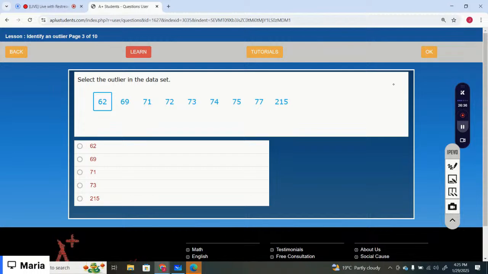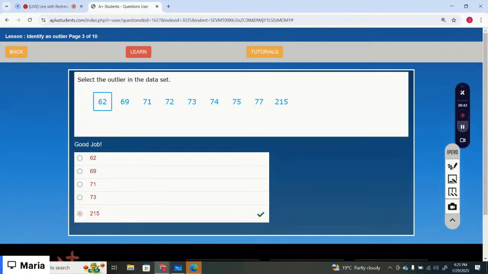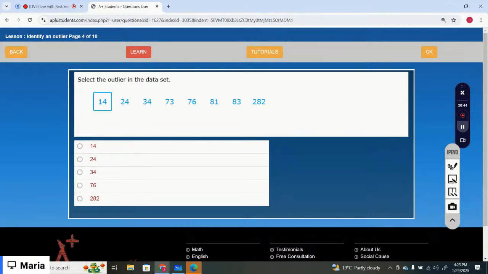That is 215. The last option is the correct option. The outlier is 282. The last option is the correct option.